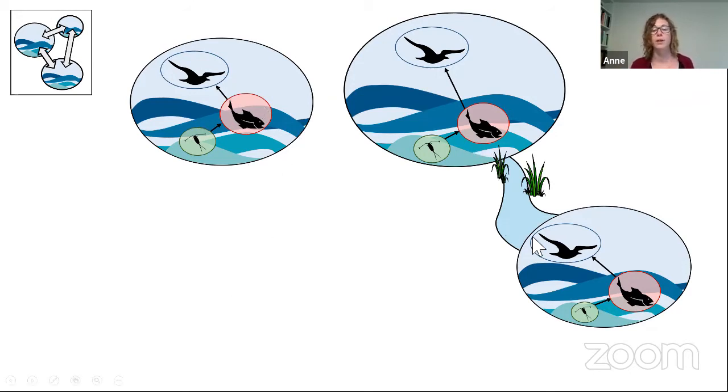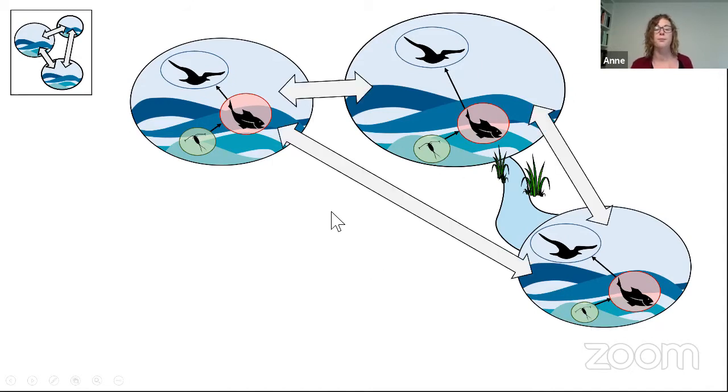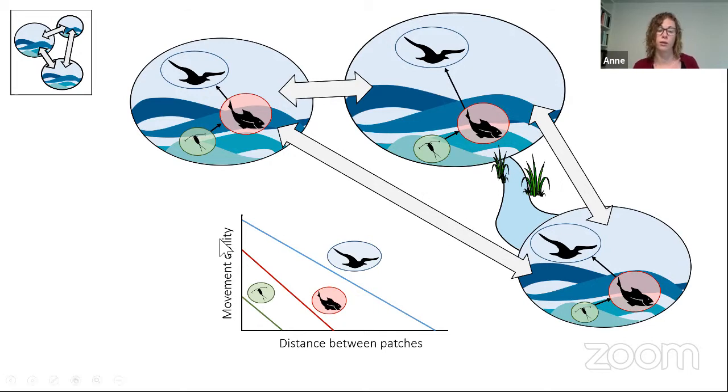So we have three lakes, and we have a simple tritrophic food chain between the three lakes. We have the same zooplankton present in this lake, and the same zooplankton species present in this lake, and the same for the fish and the bird. We can imagine that they can move between these patches, and whether or not they can disperse between the patches is really dependent on their movement ability.